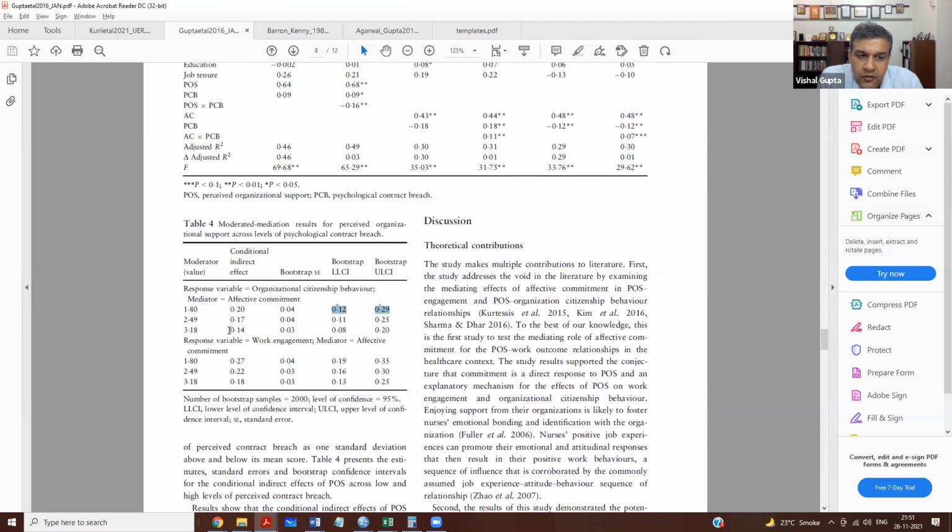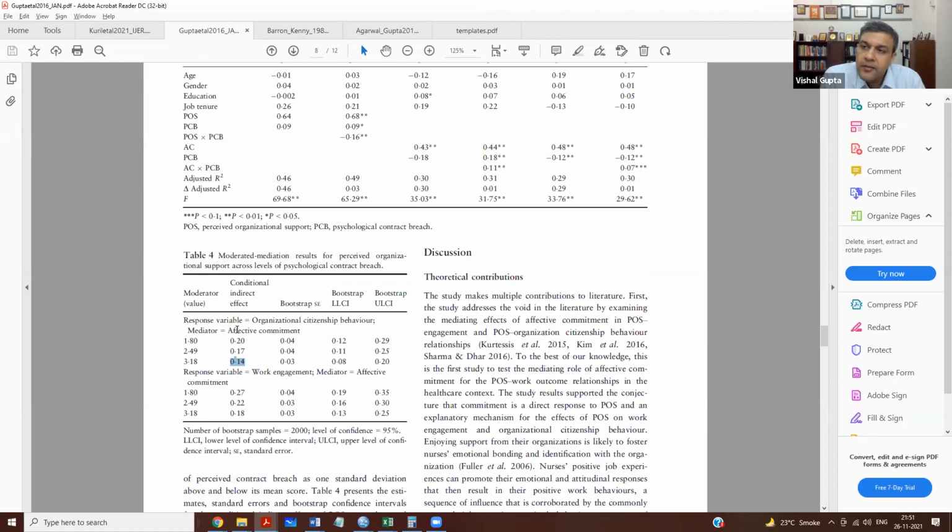At high levels of the moderator, it's reduced, it continued to remain significant, but the indirect effect has reduced. So what does this show? It shows that the process that we are talking about does not happen unconditionally.